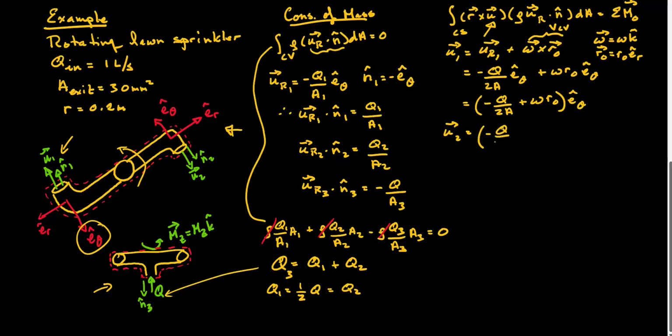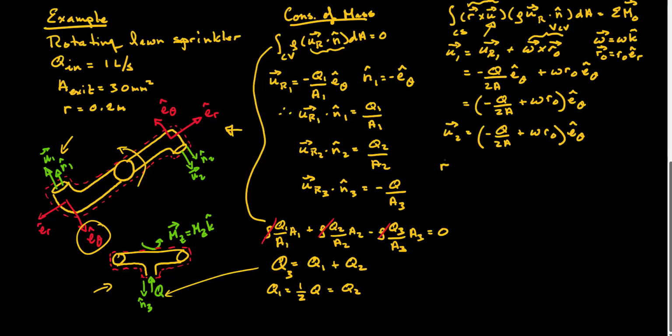So minus Q over 2A plus omega R naught in the E theta direction. And I would encourage you to just try it out for yourself.